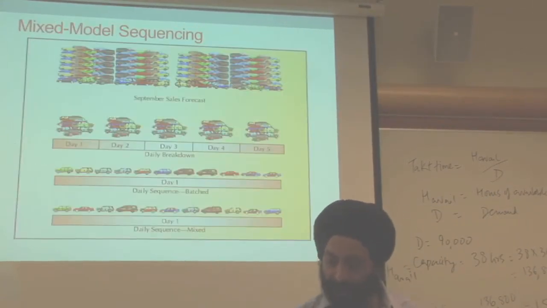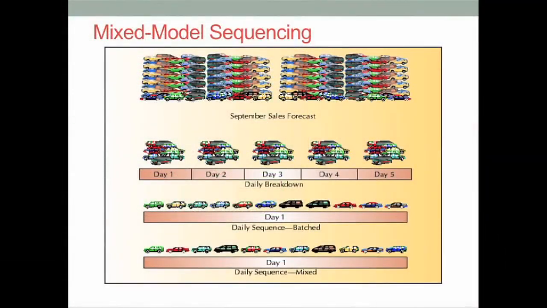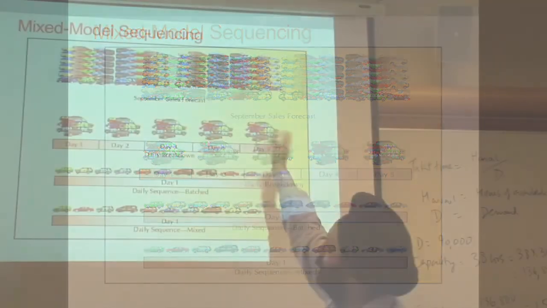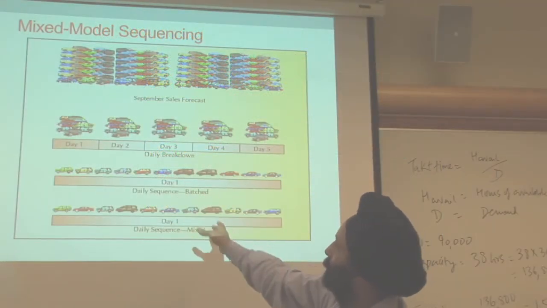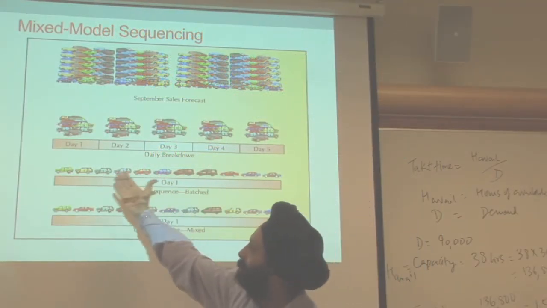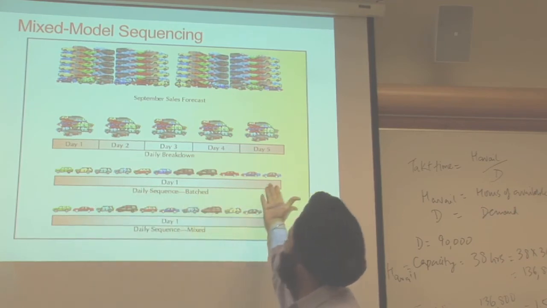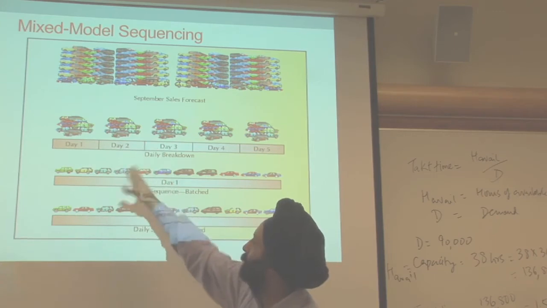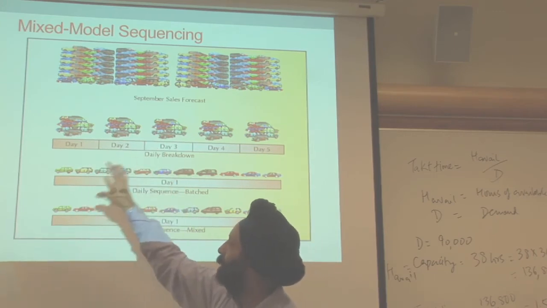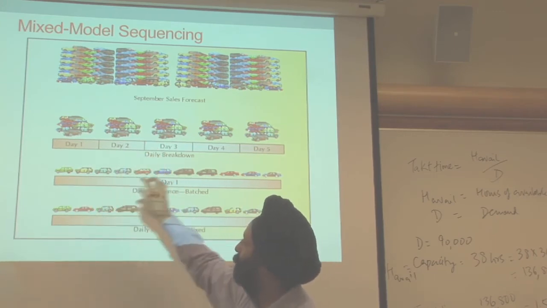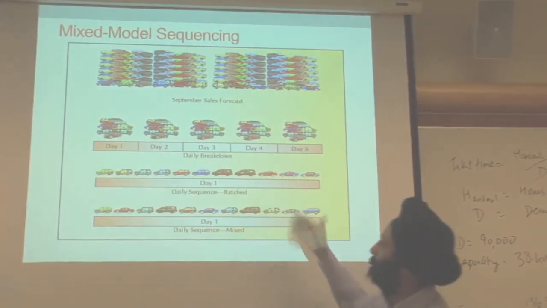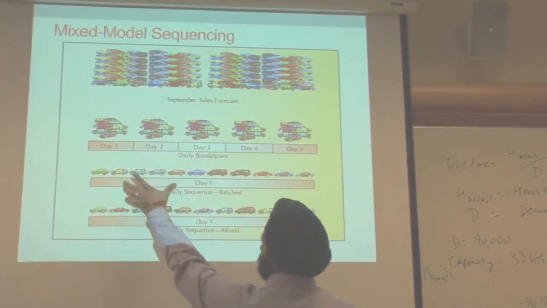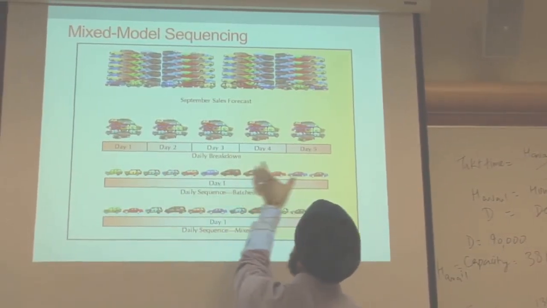Here is an example of mixed model sequencing. You can see the September sales forecast is for a variety of parts in different colors of various products. You can see some vans, some SUVs, some cars, and of different colors. In this case, all the SUVs are being put first, then vans, then cars.